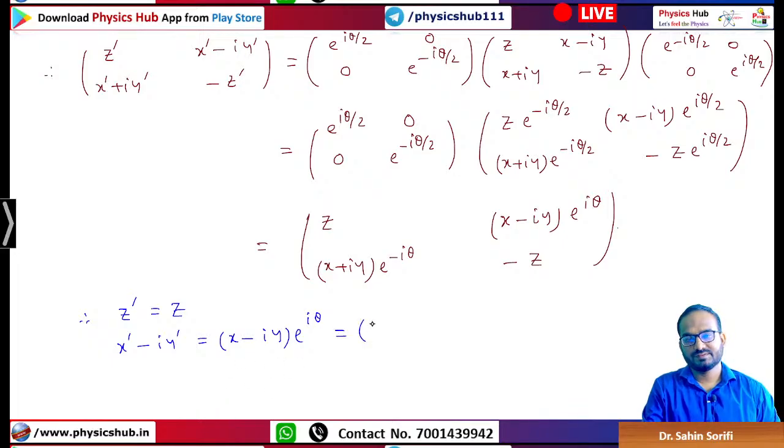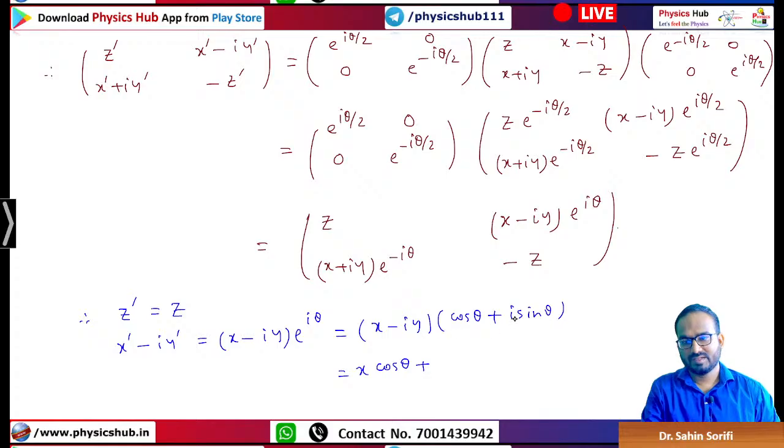So it means x minus i y cos theta plus i sin theta. So this is x cos theta plus minus i plus i, so plus 1, so y sin theta.